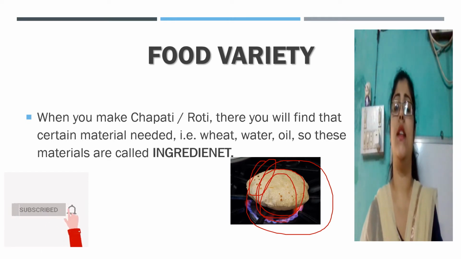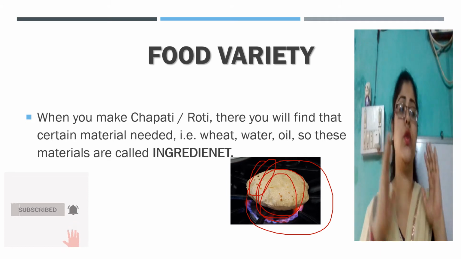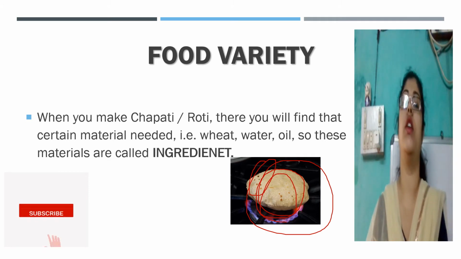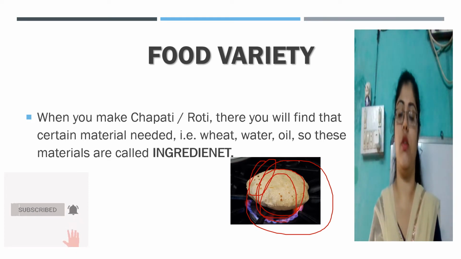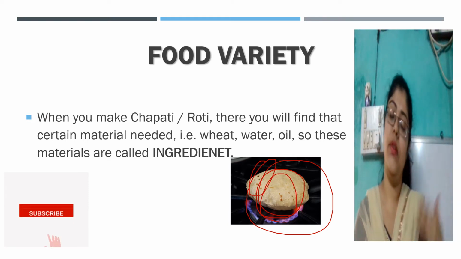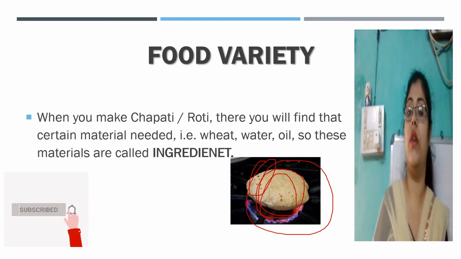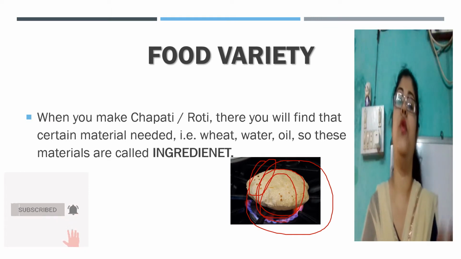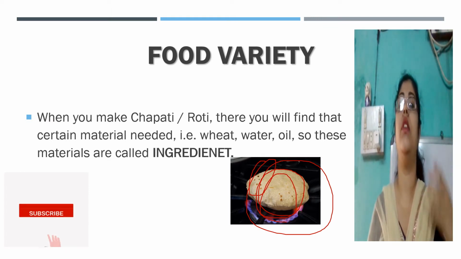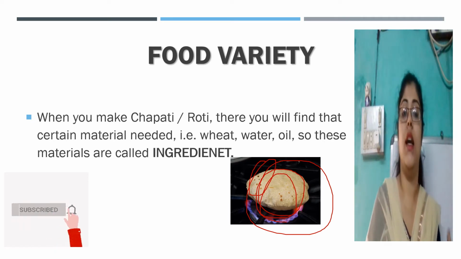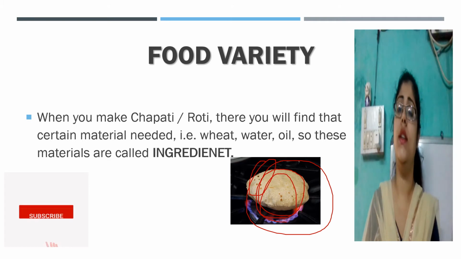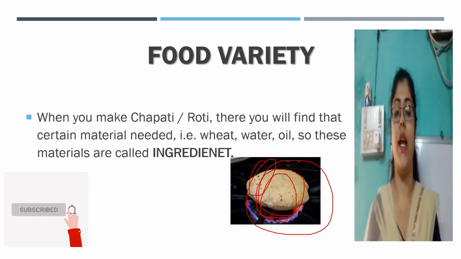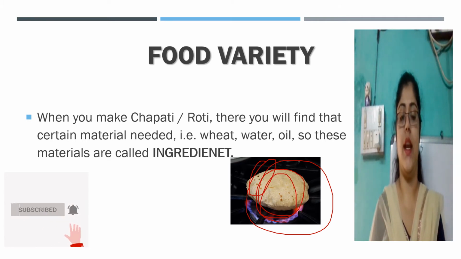Food variety says that in a thali, if you go to a restaurant and order a veg thali or a non-veg thali, the thali has so much food. That different type of food is known as food variety. And different types of food need some masalas or oil or salt or anything. All these things together are known as ingredients, right?